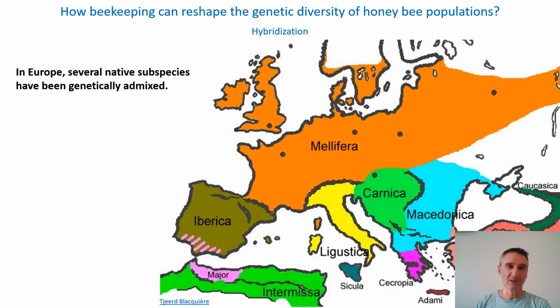As native subspecies are the best adapted to their specific environment, their admixing with non-native subspecies undermines their conservation. In Europe, several native subspecies have been genetically admixed, and their conservation is constantly undermined by queens and colonies importation.